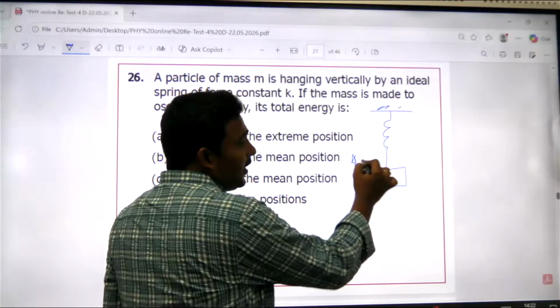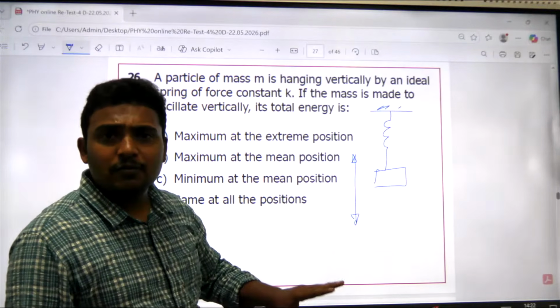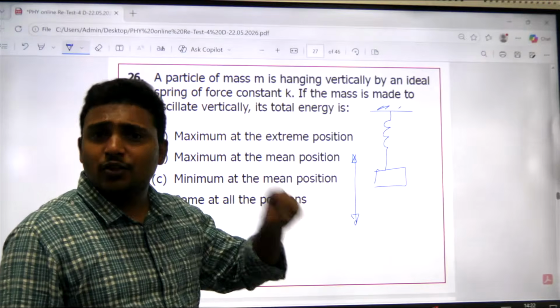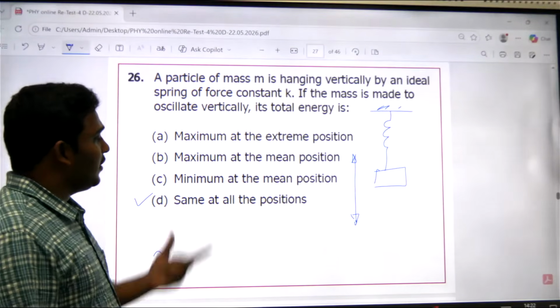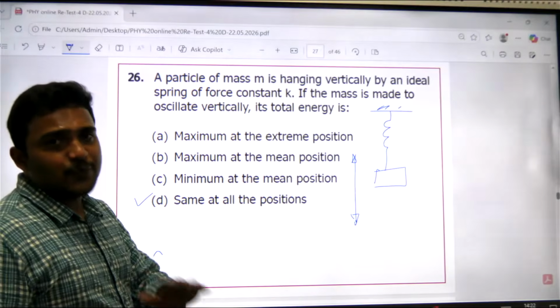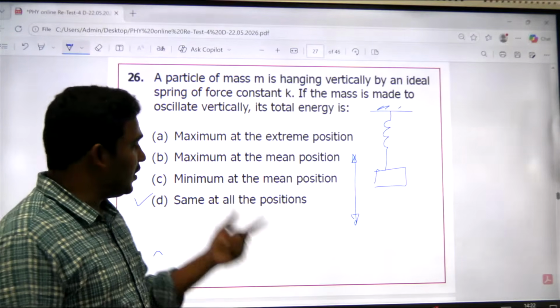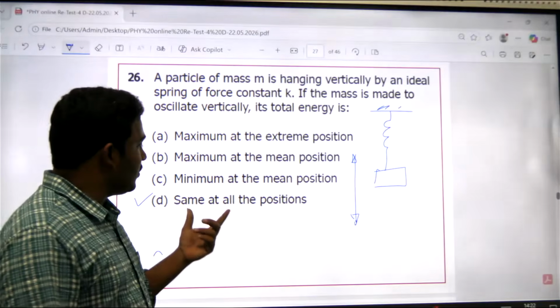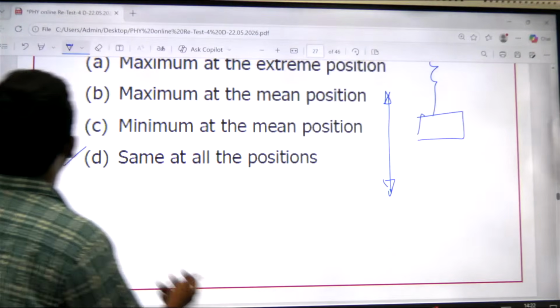If you don't consider any air friction or losses, this will be simple harmonic. In simple harmonic motion, your total energy is always constant. So your total energy will be the same in all the positions. Even if it is vertical or horizontal, your energy will be constant in all the positions given.